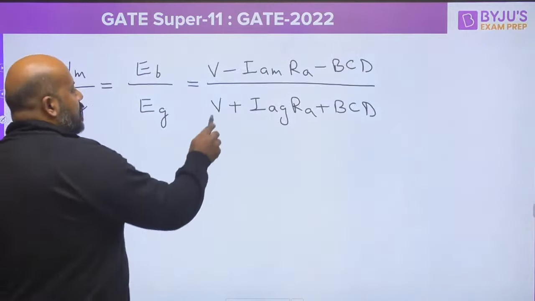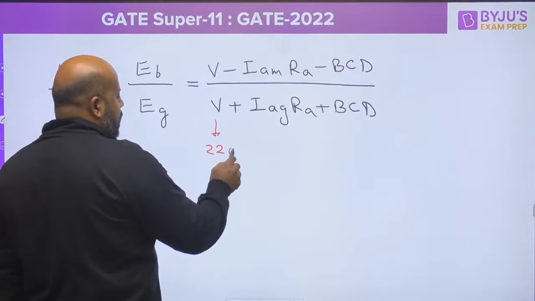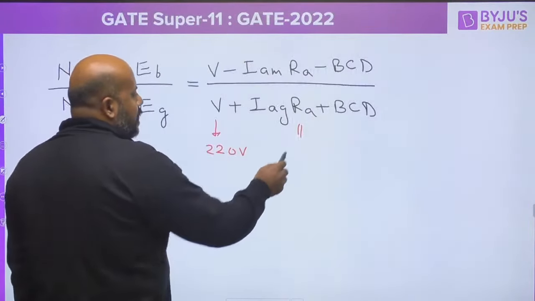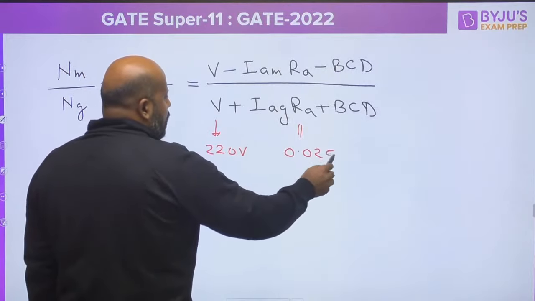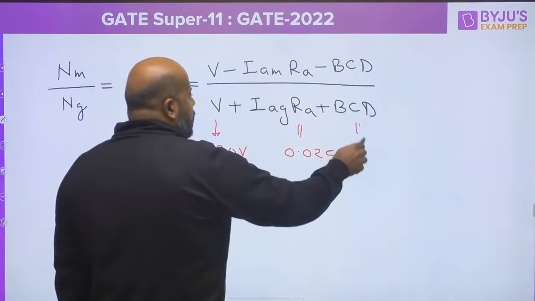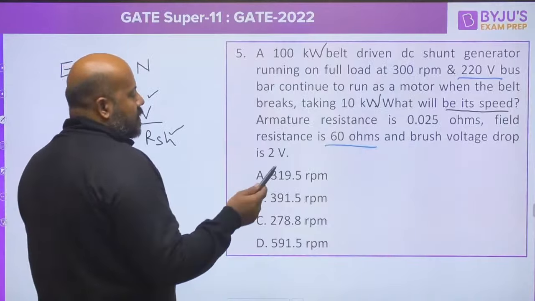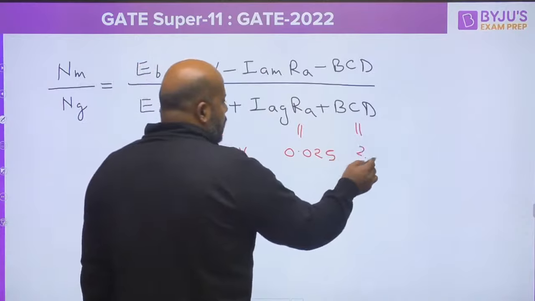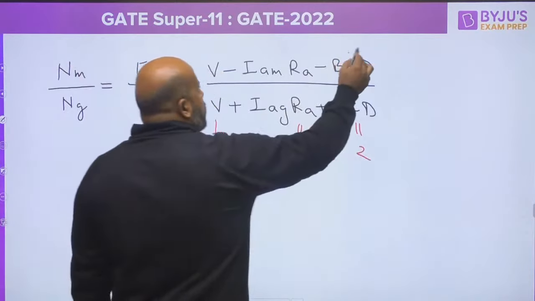Just put it here. Terminal voltage you know, armature resistance you know, 0.025, and brush contact drop is also mentioned, that is 2 volts. Yes or no?